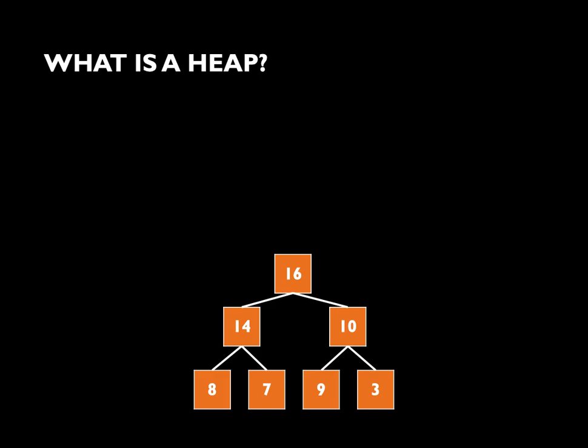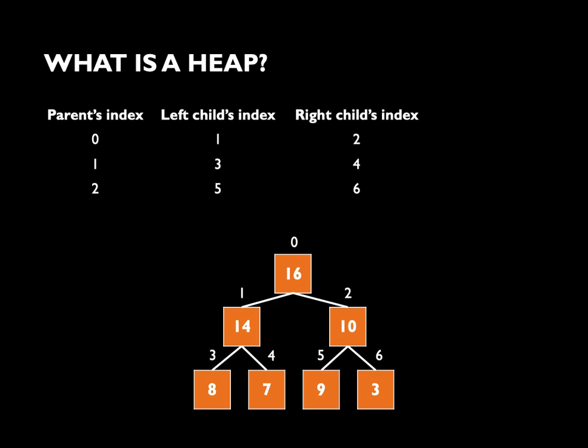Now the question is, is there a more systematic way to determine the left and right child of a given node without explicitly translating the array representation into the tree representation? Now let's take a look into the tree representation of the heap that we just built.